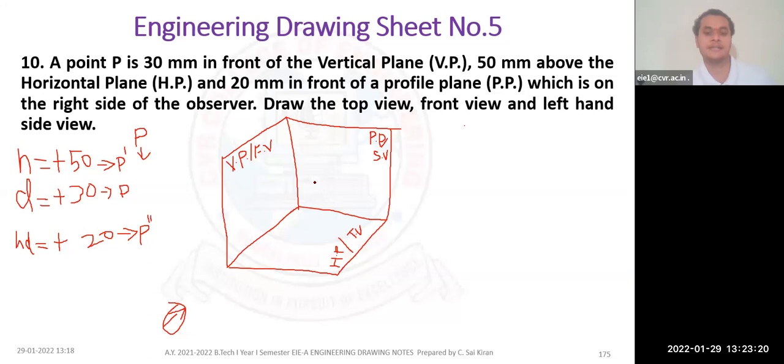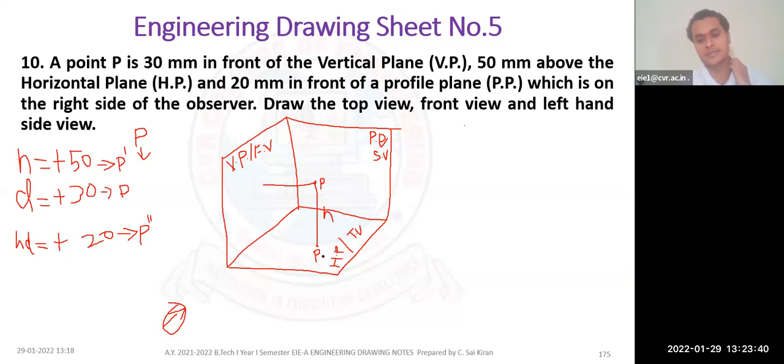So my point, capital letter P, is somewhere here. This is my H distance with respect to the ground level, and this is my D distance. On the H distance it will project as p dash.